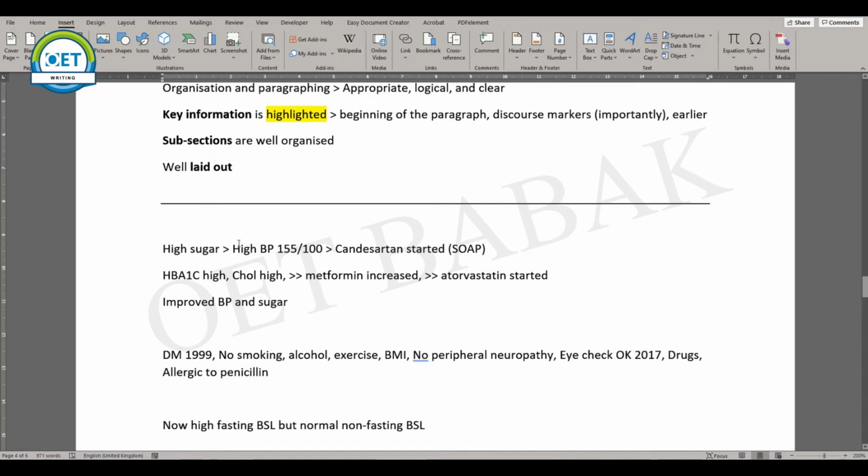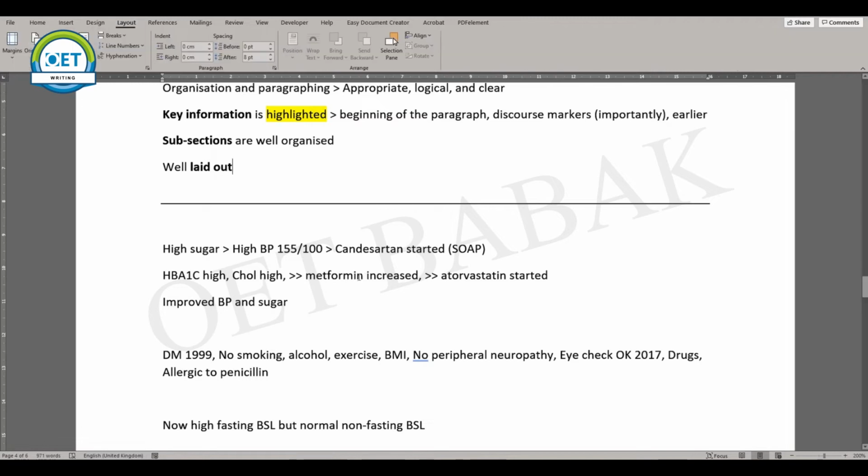Good. If I go to the layout section in my menu, as you can see, it talks about the margins, the orientation, the size, the columns, how many columns, breaks, line numbers, spacing between lines, and alignment.